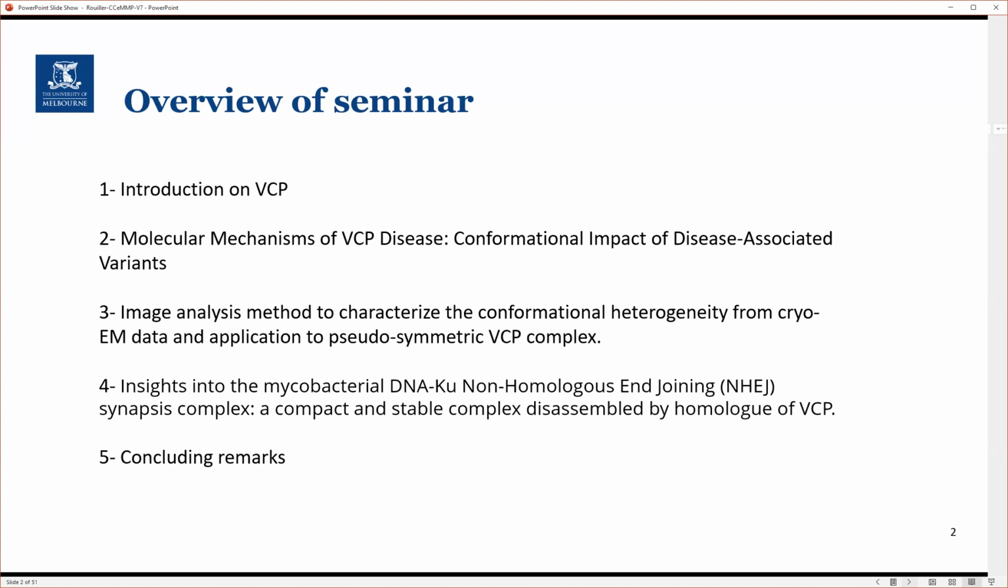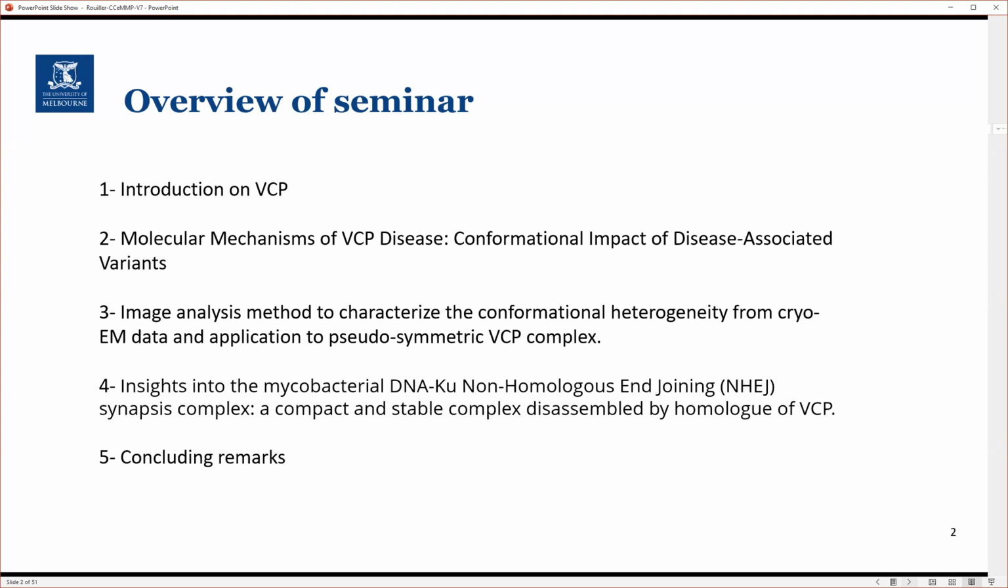The second story is an image analysis method to characterize the conformational heterogeneity from cryo-EM data, and I will demonstrate the application of this method to the pseudo-symmetric particle of VCP.